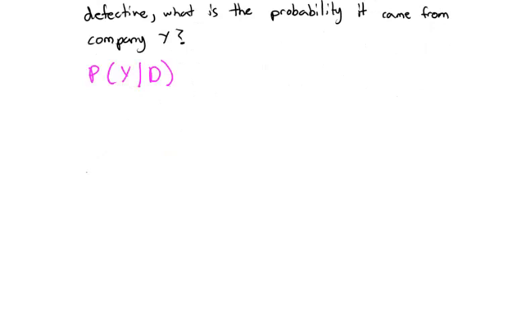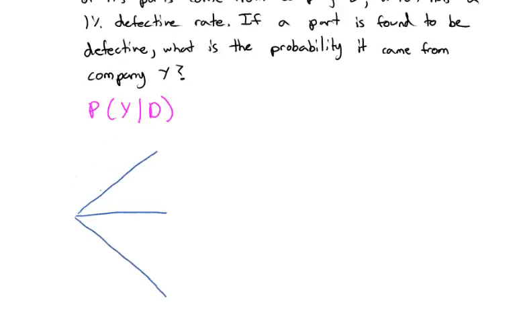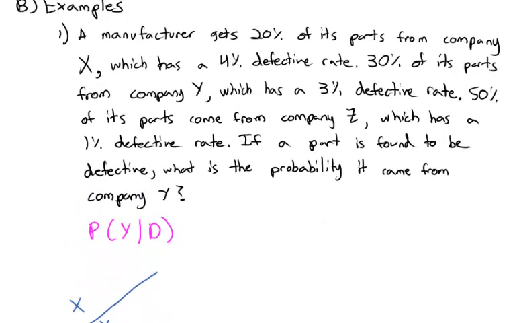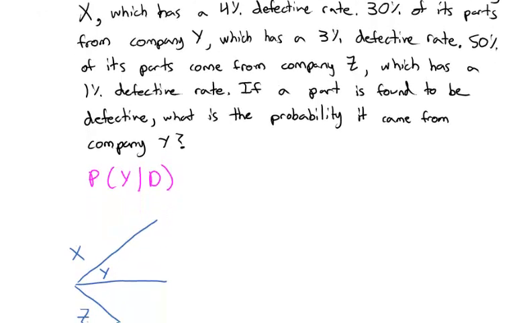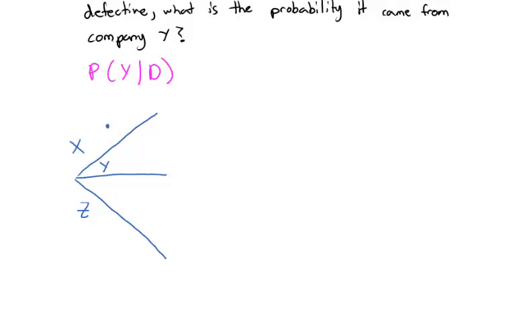So there's 3 choices that have to be made. First, it could come from company X, it could come from company Y, or it could come from company Z. We are told X makes 20%, Y 30%, and Z 50%.